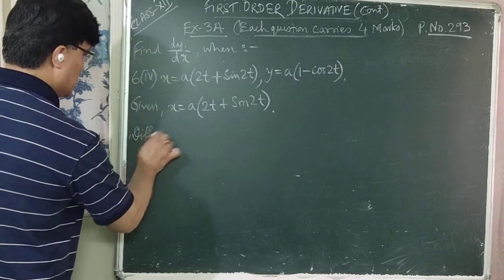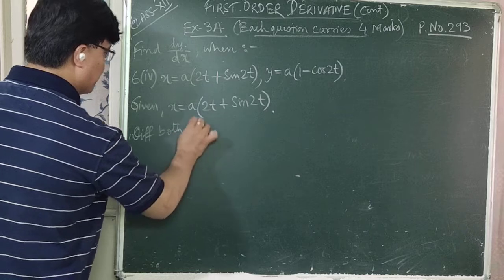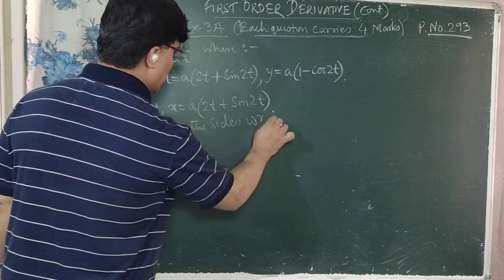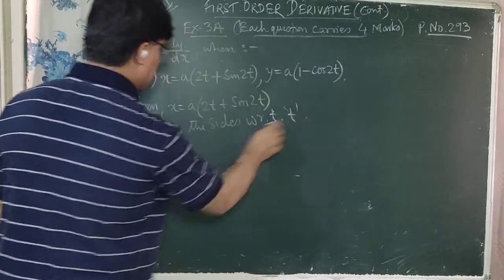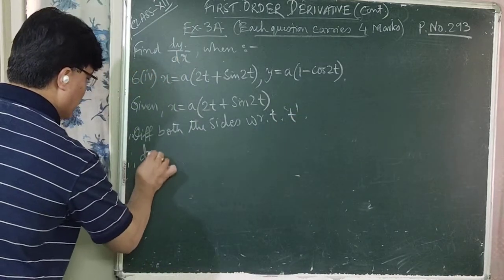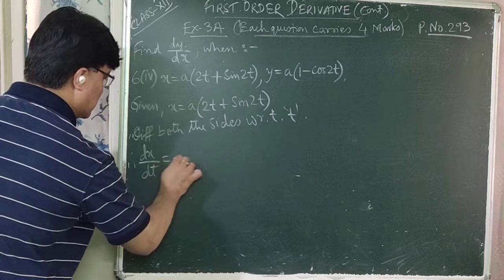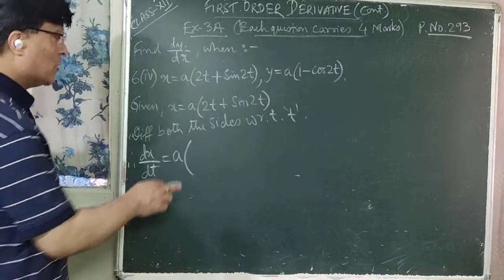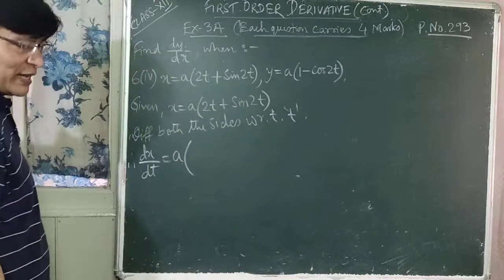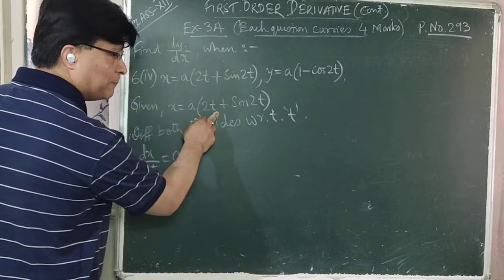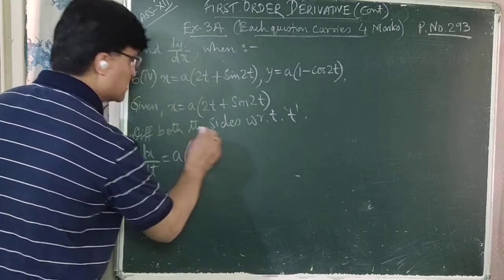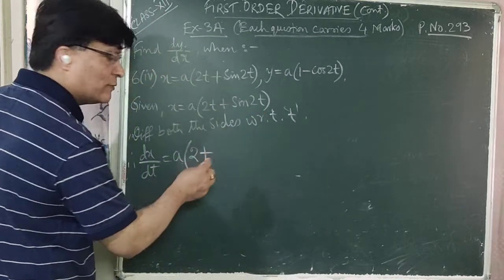So differentiating both the sides with respect to t. Therefore dx by dt is equal to a within bracket. A is constant here, right? Only you have to differentiate the term within bracket. What is the differentiation of 2t? 2 into d by dt of t, that is 1. 2 ones are 2 plus. Here you should take it as sin t. What is the differentiation of sin t?